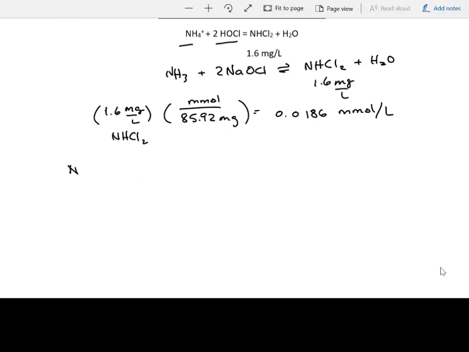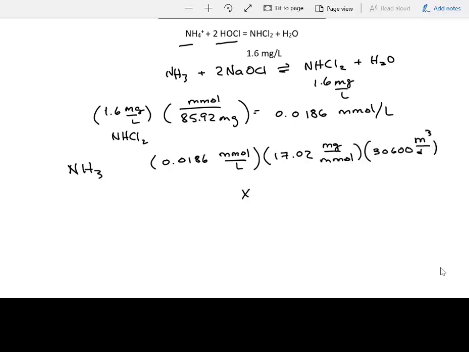So in terms of the dose of ammonia, we have 0.0186 millimoles per liter, and multiply that by the molecular weight of ammonia times the flow rate times 1,000 liters per meter cubed.